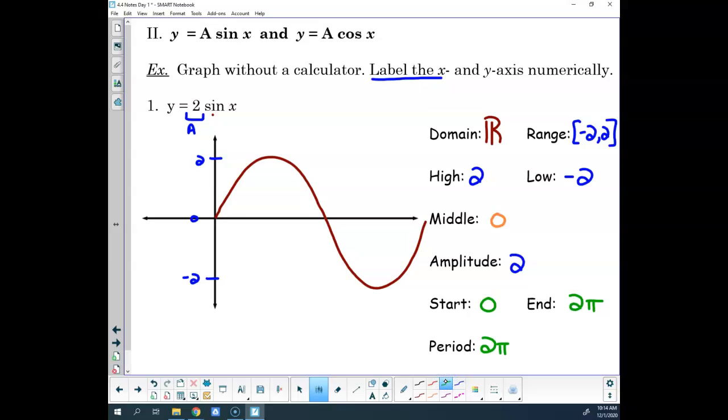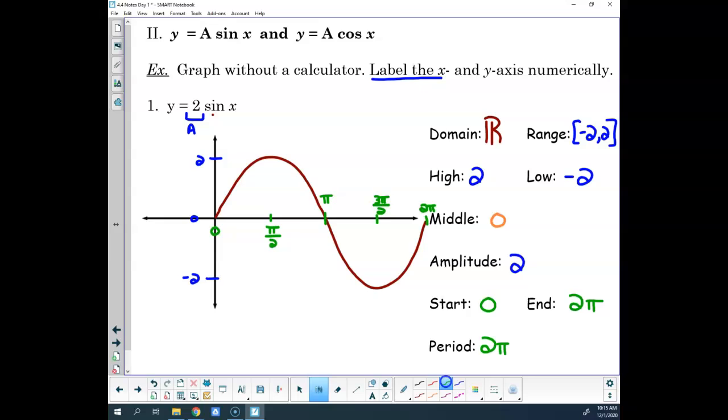Then I've got to do my horizontal axis. I started at 0, I ended at 2 pi. Halfway would be pi. Halfway would be pi over 2. Halfway would be 3 pi over 2.